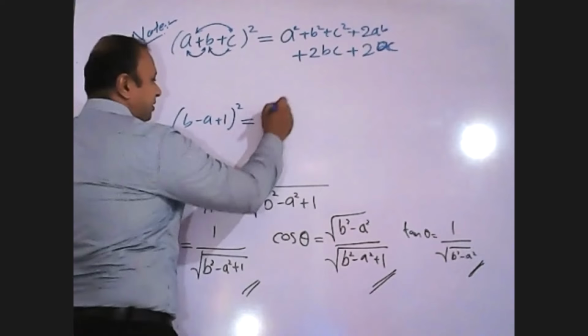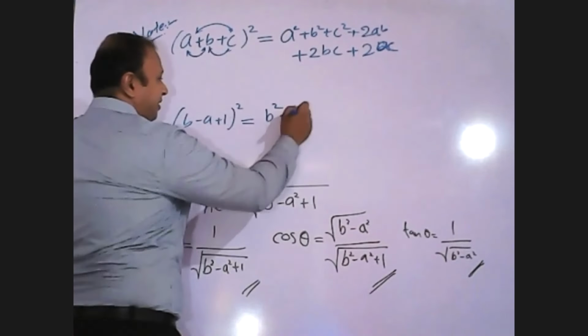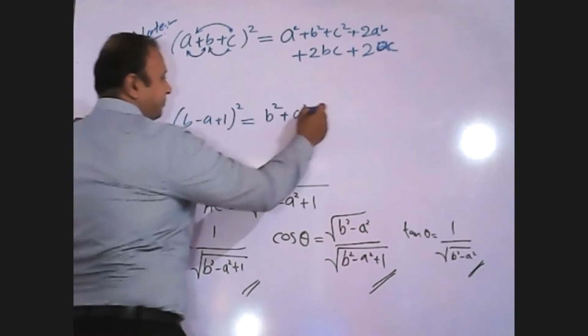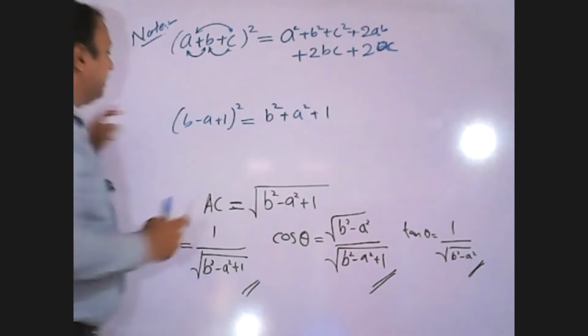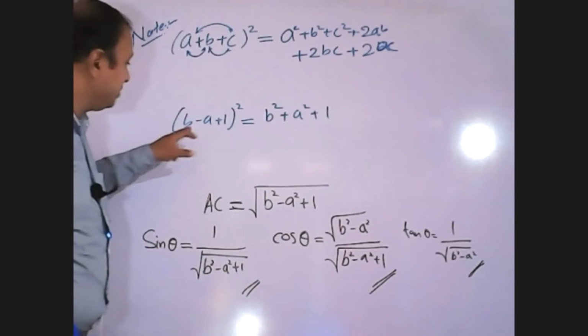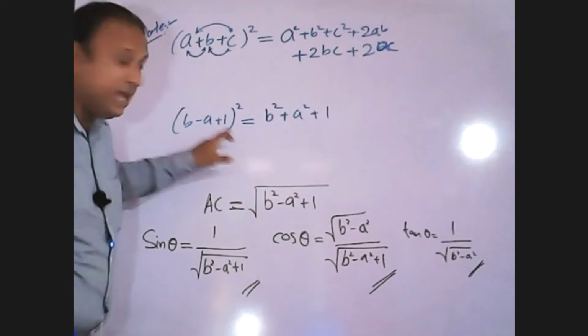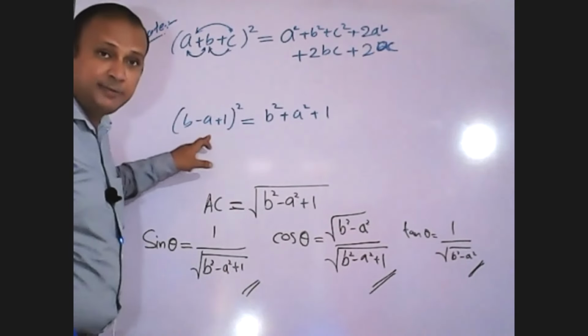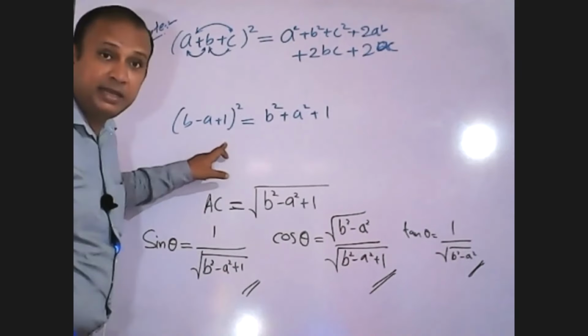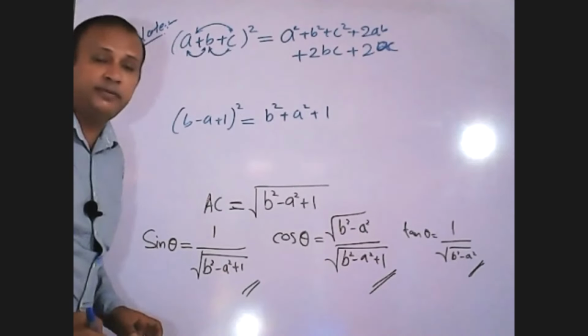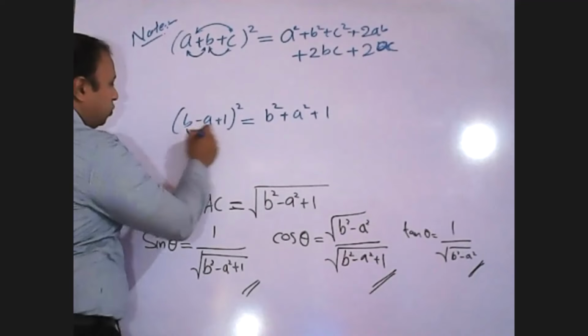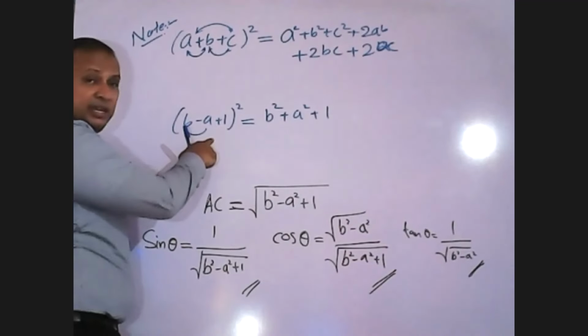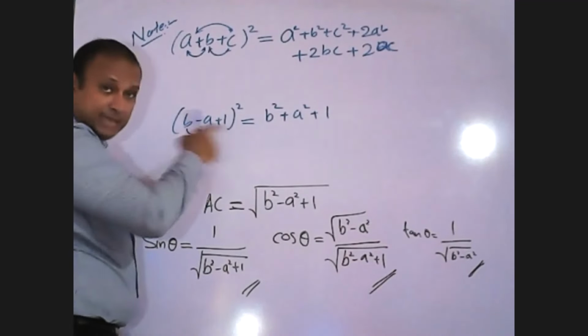b squared plus a squared plus 1. First, you have to take the square of each and every term. Then take the multiplication of two pairs separately and take twice of that. First, these two, b and minus a. b and minus a means minus ab.